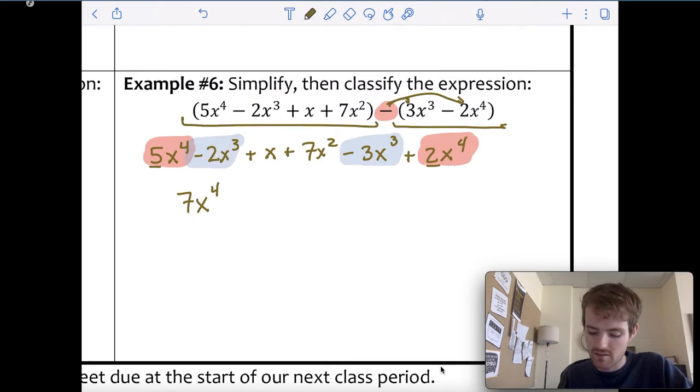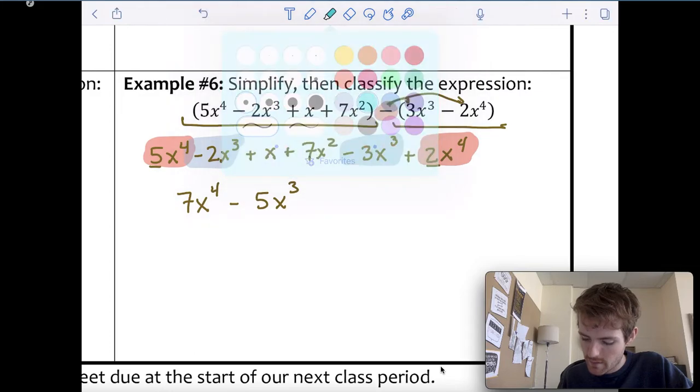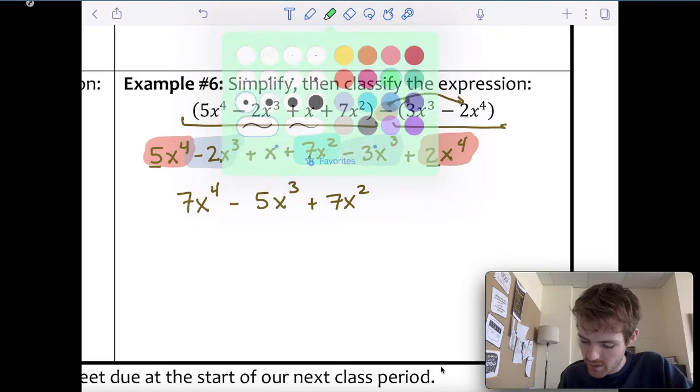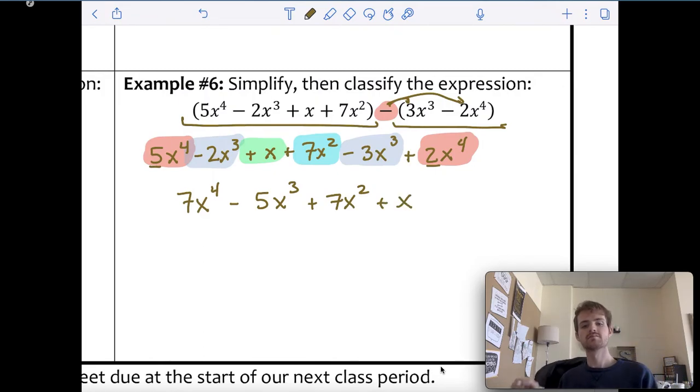Negative 3, negative 2 will end up being a negative 5. Then I see an x squared, but that's the only one I see. So 7x squared. And then finally I see this plus x. So once I combine all that, I'm left with this.